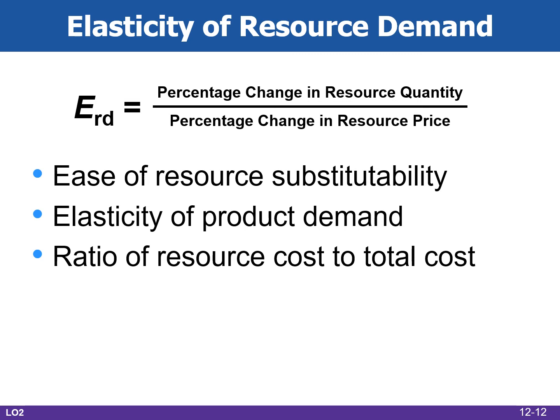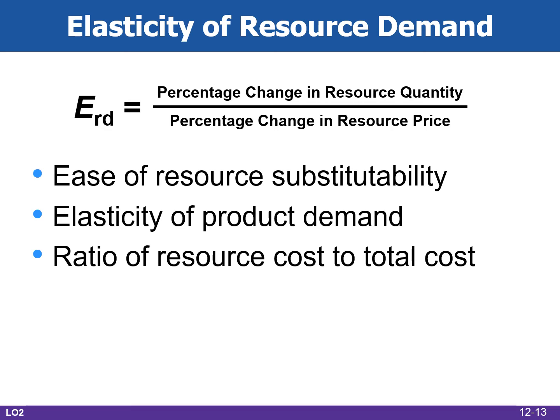That is to say, firms, producers, the buyers of the resource are quite responsive to the change in the price of that resource. Any outcome less than 1, so if the coefficient of elasticity of resource demand is calculated to be something less than 1, economists interpret that result as inelastic, that producers, the firm, is not all that responsive to the change in price of this particular resource.